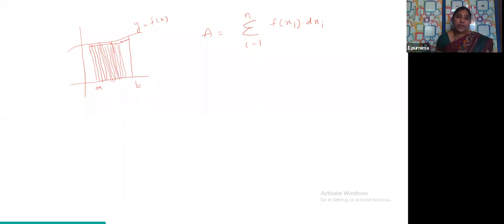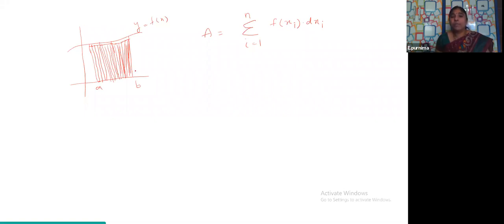Okay, so can you see the difference in the diagram, children? If you are dividing them into more rectangles, that means the n value I'm increasing. If you are increasing n, that is the number of rectangles, then what happens? The dx value is getting reduced. Earlier dx was from here to here. Now in this same one I have got a few more rectangles, that means the dx value is getting reduced.